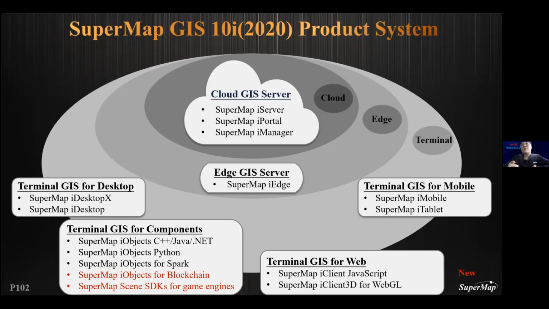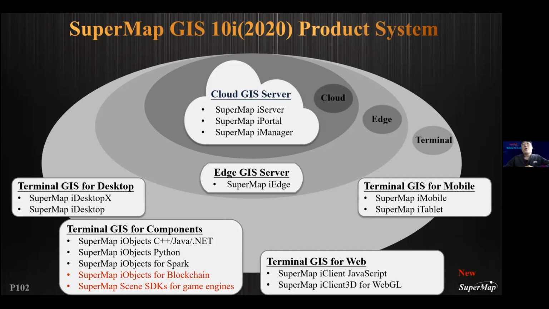On the edge side, we have SuperMap iEdge, which can help us enhance performance when the network is not good. On the terminal side, we have terminal GIS for desktop, which are iDesktop apps and iDesktop. For components, there are iObjects for different coding languages, such as C++, Java, .NET, and Python, and based on some new technology, we have iObjects for Spark, iObjects for blockchain, and the Scene SDK for game engines.